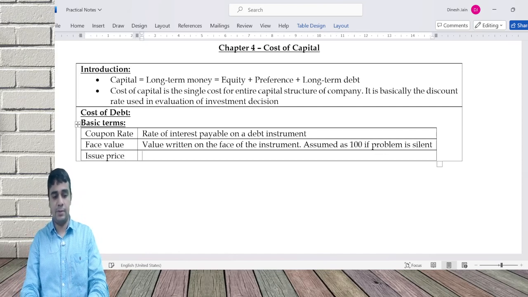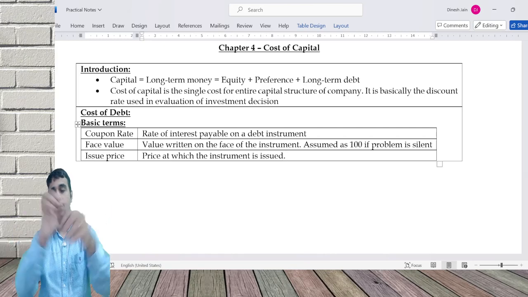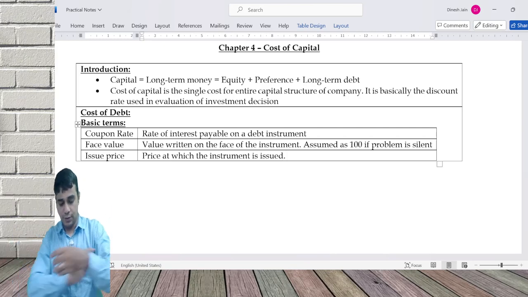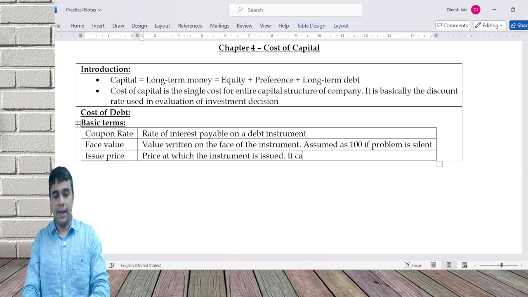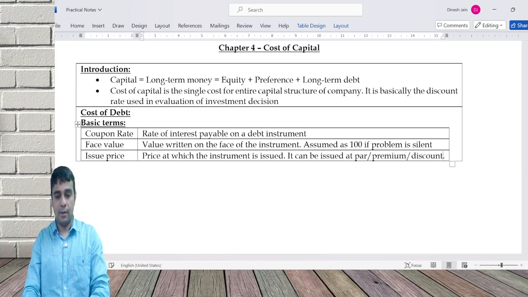Issue price: price at which the instrument is issued. It can be issued at par, premium or discount.